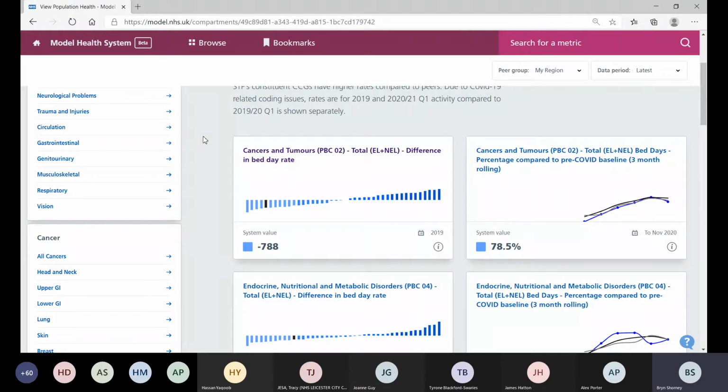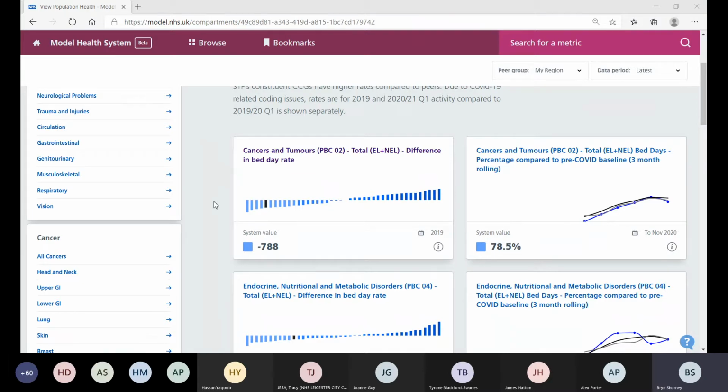So effectively COVID is causing a big problem for how we would normally present the data, because we would normally show system comparisons to their demographic peers.